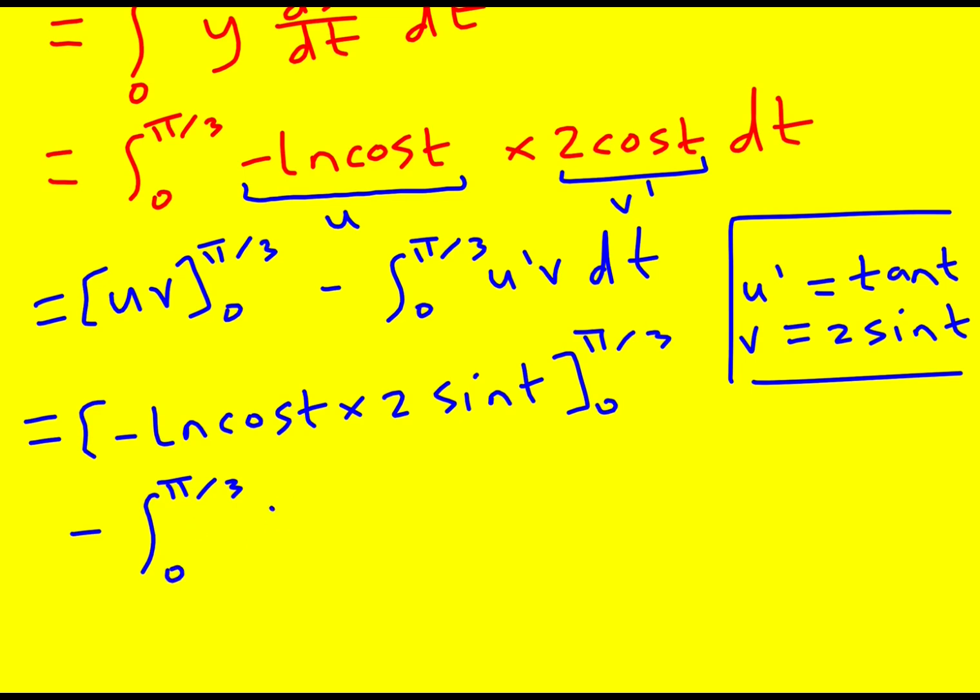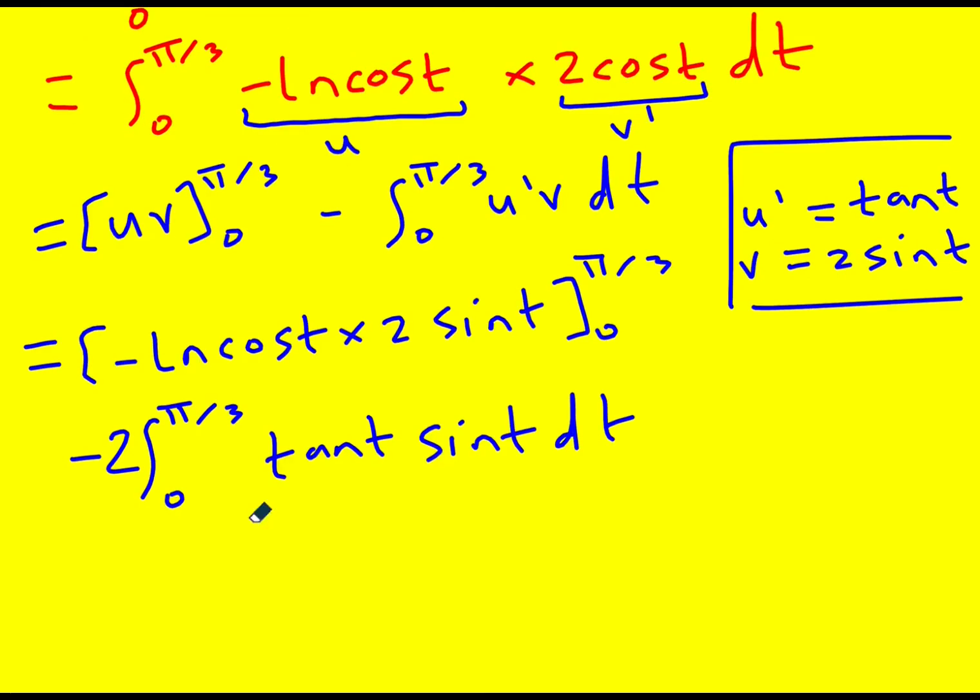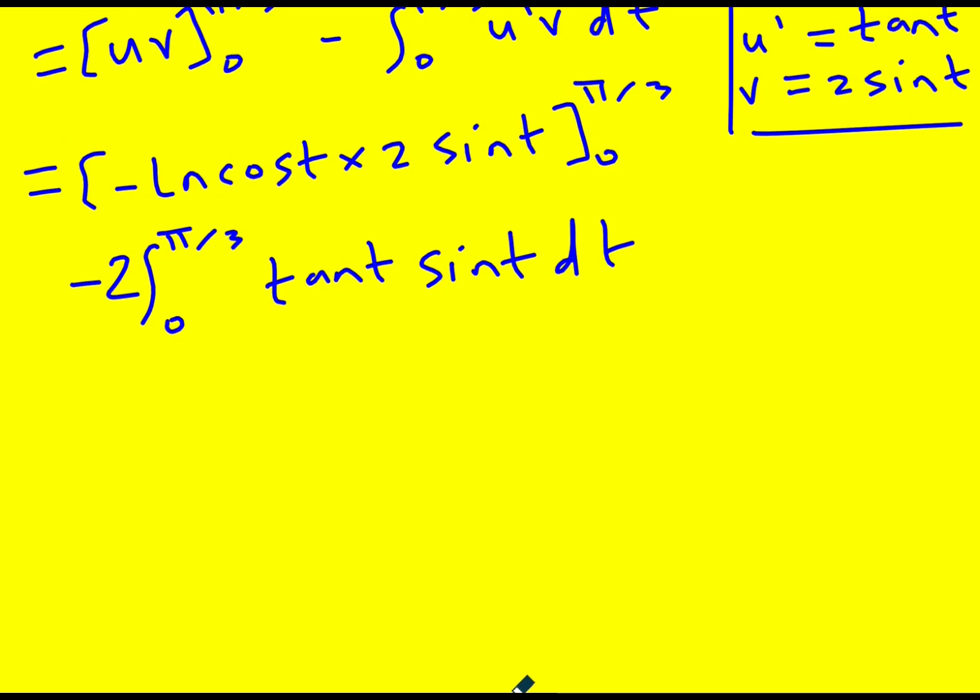And then it's going to be tan t times 2 sine t. Now what we can do, I'm going to bring the 2 out. You can just carry the constant through. I've got another integral to deal with. Before I deal with that, I'm just going to substitute in.